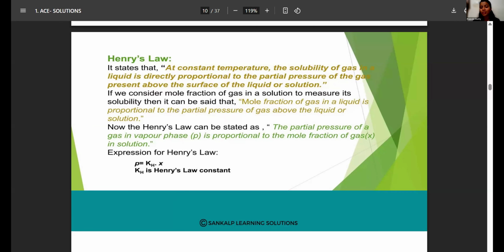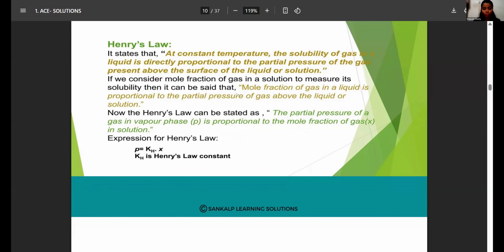Please make sure that you concentrate. At constant temperature, temperature should be constant in this case, the solubility of a gas in a liquid is directly proportional to the partial pressure of a gas present above the solution. This was the statement which was given by Henry.